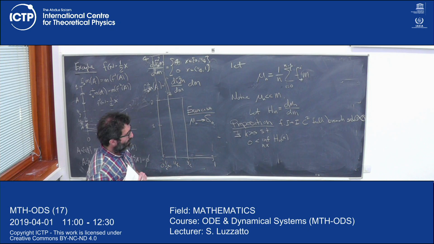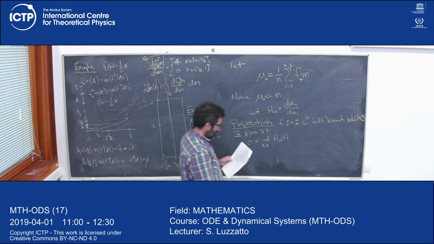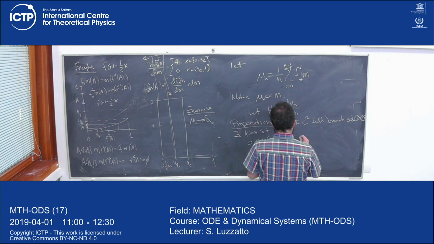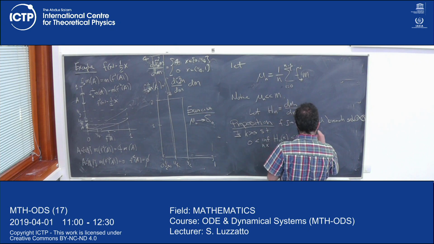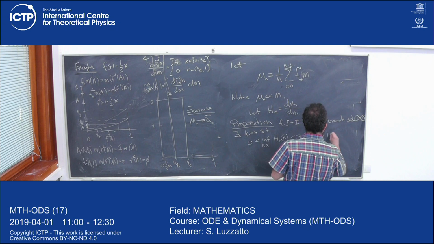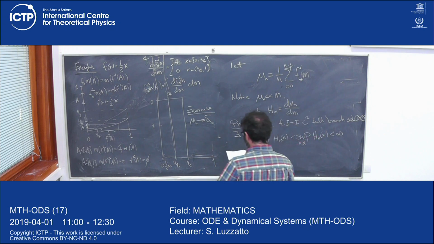So this density is bounded away from 0. It is also bounded away from infinity. So the sup over all n and over all x of hn of x is bounded away from infinity.